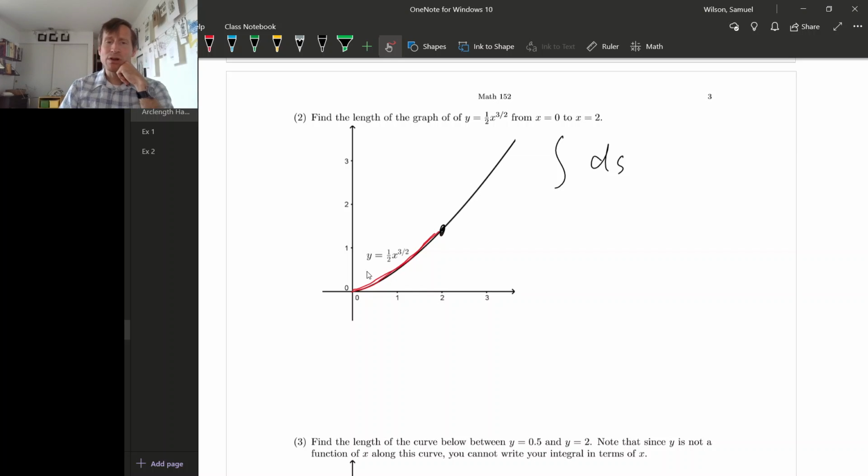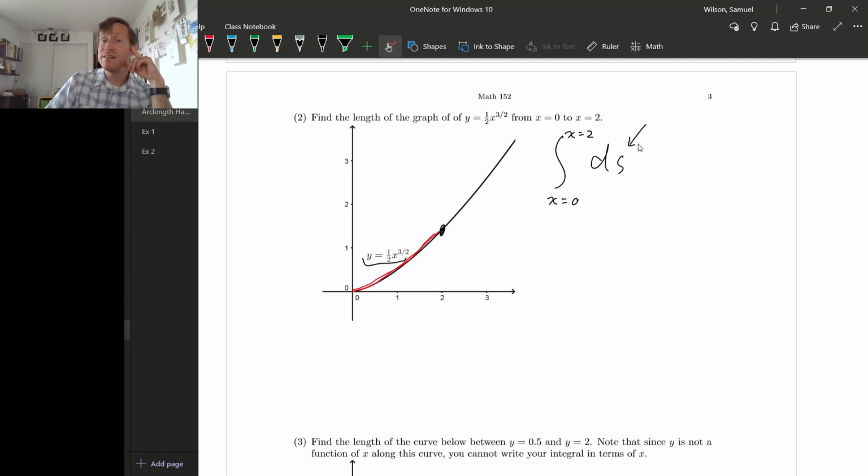In principle, we could solve this equation here for x, and then we'd have y as the independent variable, but it doesn't seem like that would really get us anything. Probably it looks like it would be about equally difficult either way, so there's no reason to switch to making y the independent variable. So if we're going to use x for our independent variable, then we have to use x bounds, so x equals 0 to x equals 2.